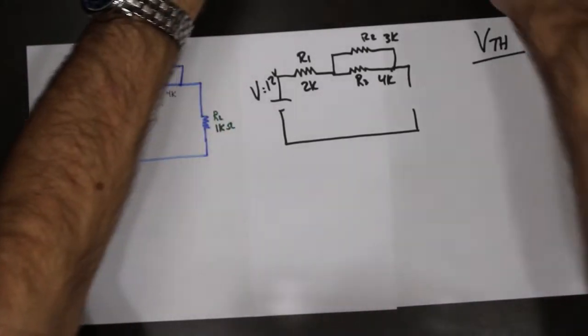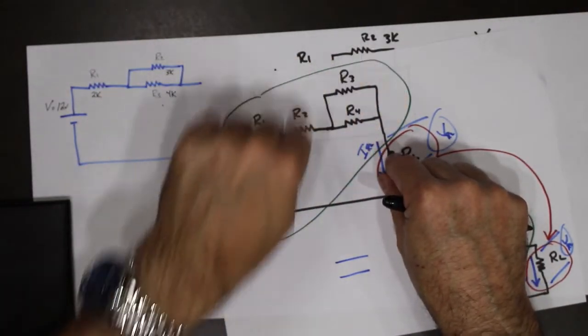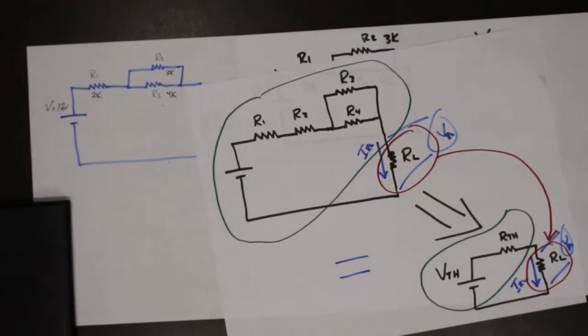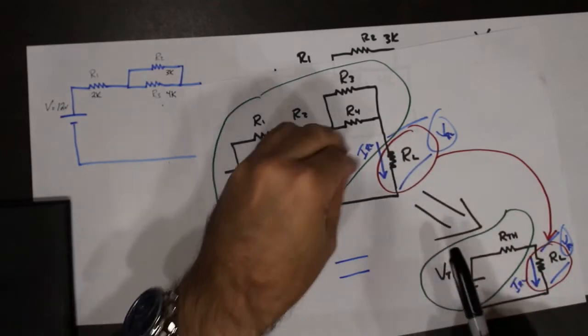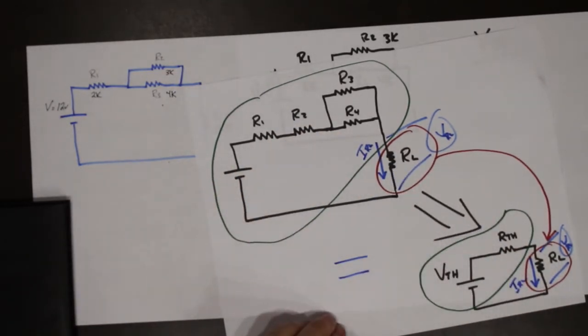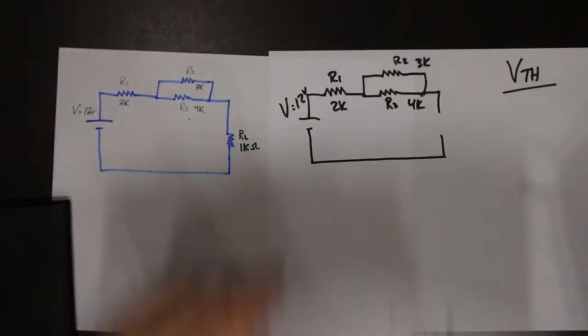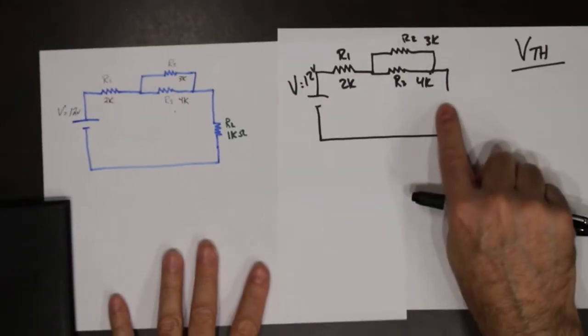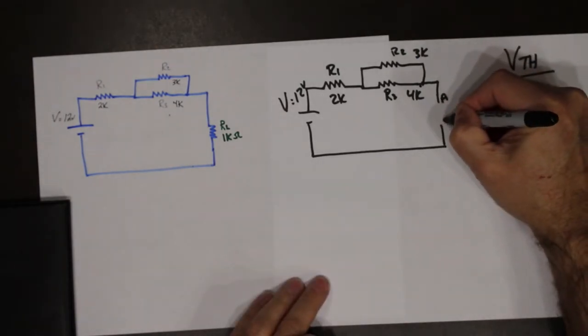Why do we remove the load? Because the load is not part of what's inside this circle. So since the load is not part of inside the circle, we have to get rid of it out of here. So again, the first step, remove the load. Mark it A and B.